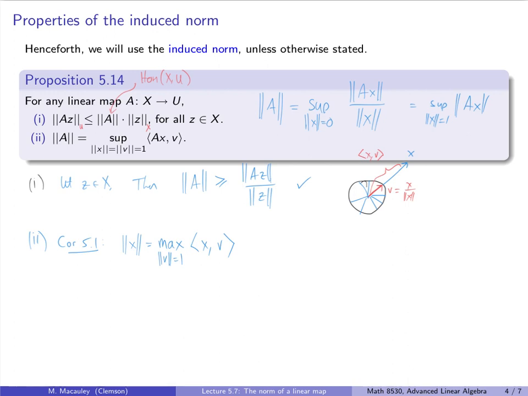So by corollary 5.1, what we can say, so again, this doesn't follow immediately from corollary 5.1, but if we take corollary 5.1 with Ax instead of x, then what we get is that the norm of the vector Ax is the maximum over all unit vectors v of the inner product of Ax and v.